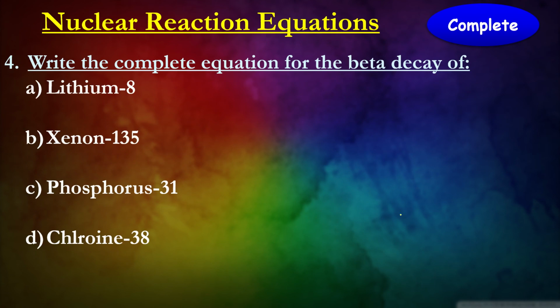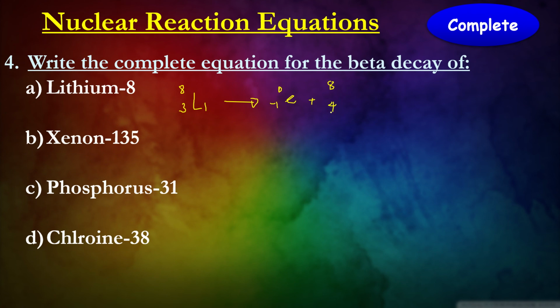Okay, the next one we have is trying to write the beta decay of lithium 8, xenon 135, phosphorus, and chlorine. So I'll just do the first one. So lithium 8, atomic number of 3. It decays and forms a beta particle. We'll just write the electron, -1. What that means is the atomic number is going to increase because we subtracted a negative number.